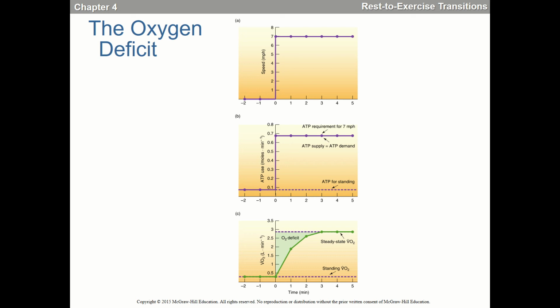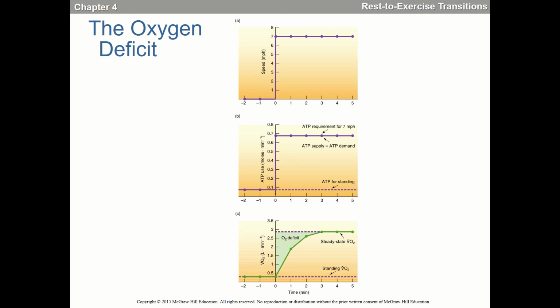If you're running at, in this case, 7 miles an hour, there's like 0.7 moles per minute of ATP that are needed. You don't need to know any of that, and that might not even be true. But whenever we measure oxygen uptake, like say you go from right here to hopping on a treadmill that's going 7 miles an hour, there's an immediate need for a quantity of ATP.